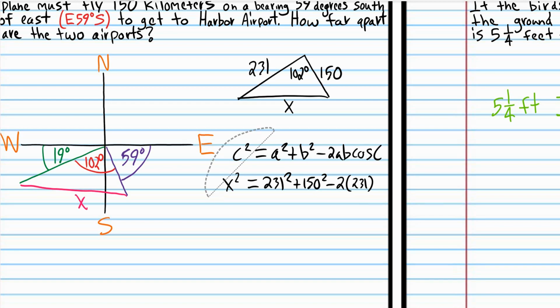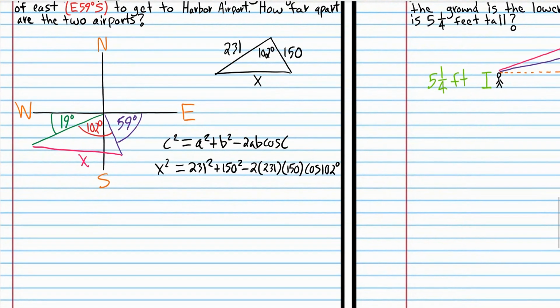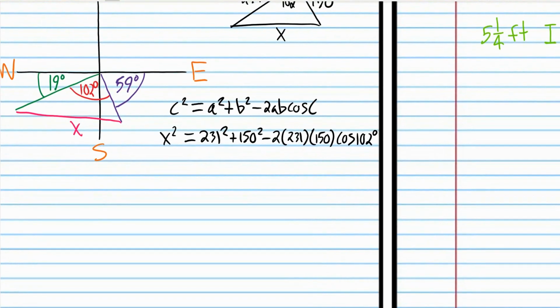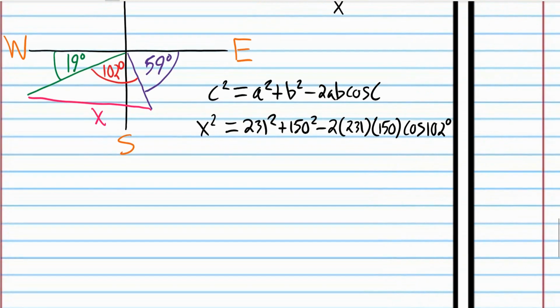I'm going to bring this to the left a little bit. So all we have to do is simplify this. And to be honest with you, you don't really have to show any of the work. You just have to plug everything in and then do the calculations on your calculator, because this is going to be kind of a nightmare to have to write all that down. But we'll do that just so you can see what's going on.